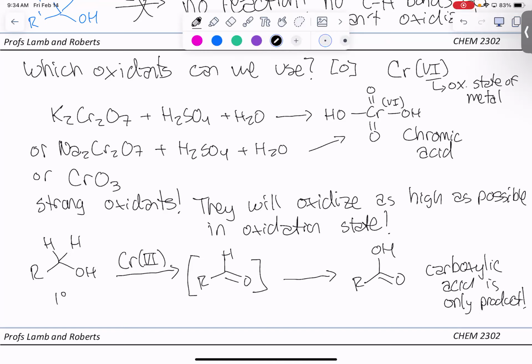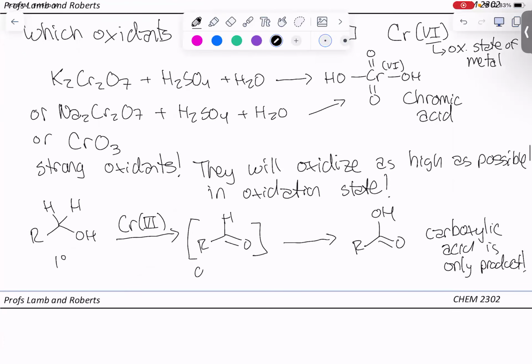I always get asked questions about stoichiometry here. I wish we could stop it, but it does not. It goes through the aldehyde, but we don't observe it. We have other tempered reagents that we can use to stop at the aldehyde, but not with these chromium 6 reagents.